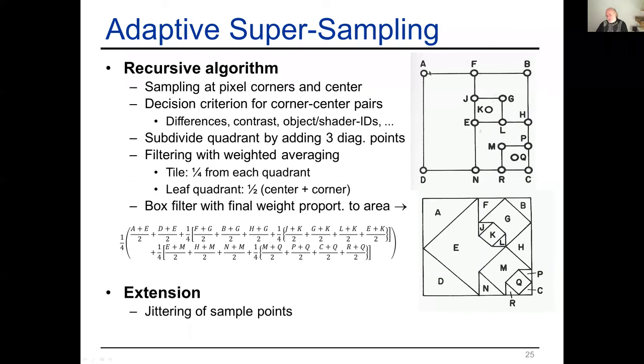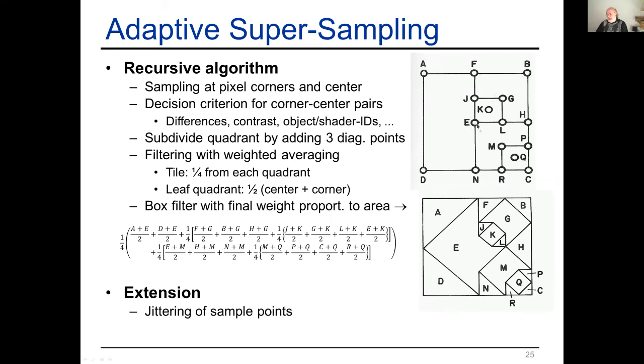As we just discussed, that is essentially the same frequency, exactly the same frequency as if you had sampled in the pixel centers. So you start with A, B, C, D. And additionally, you take one more sample in the center, called E here.